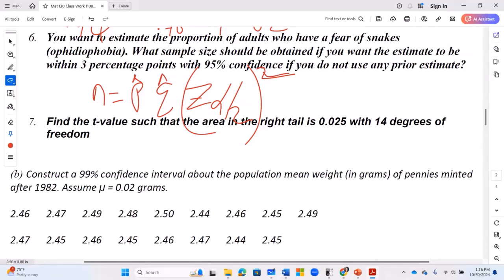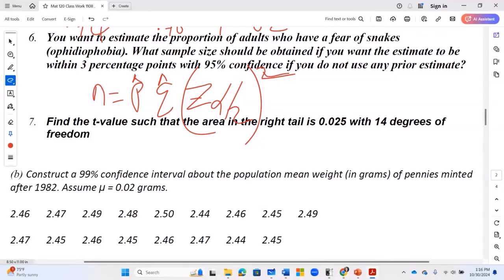So I am given 3 percentage points and a confidence level of 95%. If I have a confidence level of 95%, then the critical value will be 0.025 in each tail.